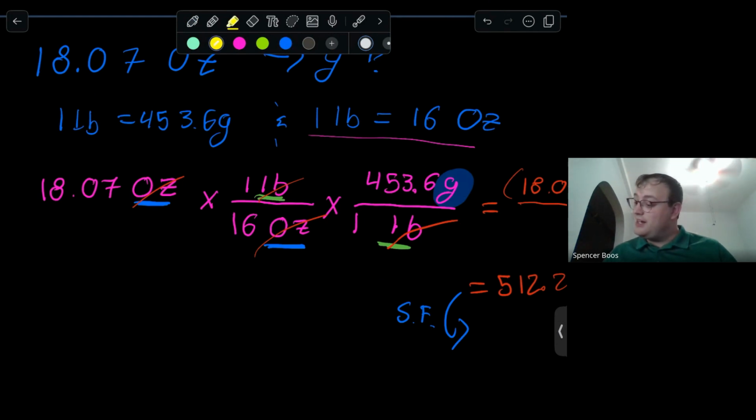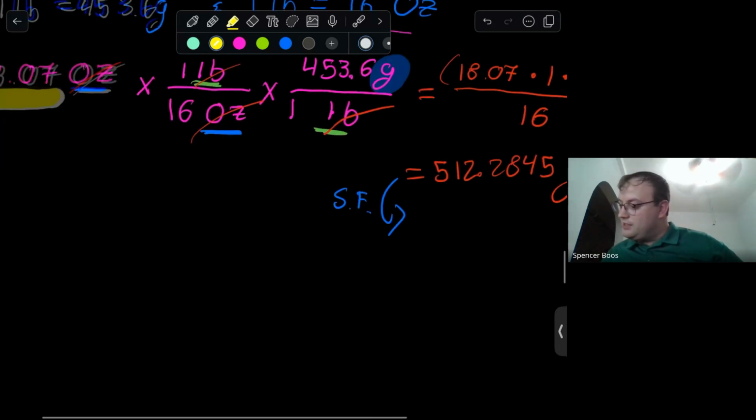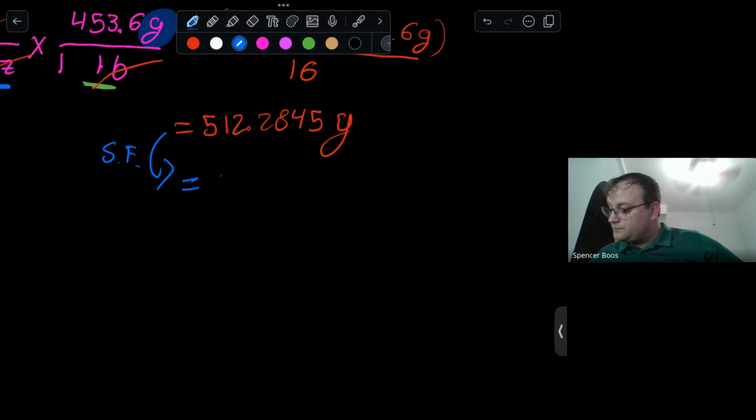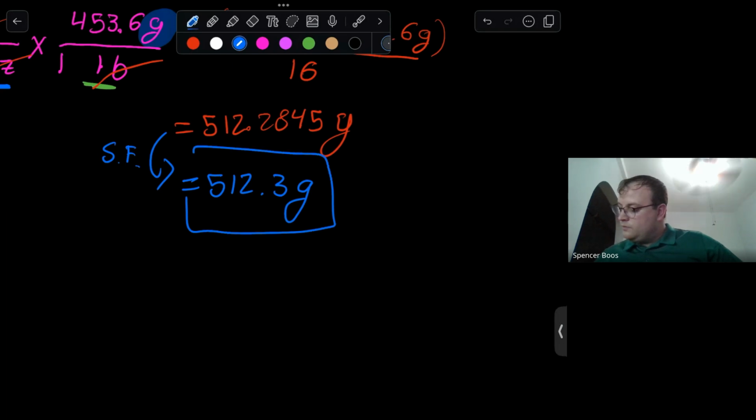It's because I always look at the starting measurement, not any of the other junk that's in there, because those are facts. Starting measurement here is 18.07, which is 4 sig figs. So that means my final answer needs to have 4 sig figs. And bingo.